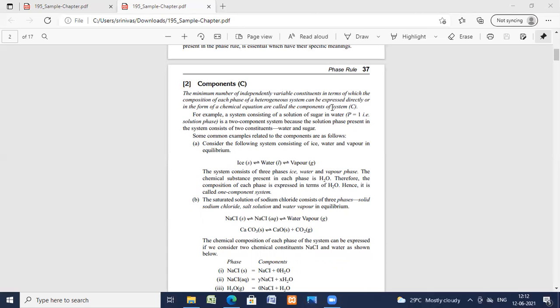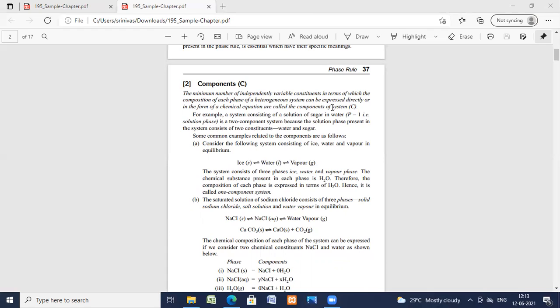Now, the number of components in a system is the smallest number of independently variable constituents by means of which the composition of every possible phase in the system can be expressed with a chemical formula.